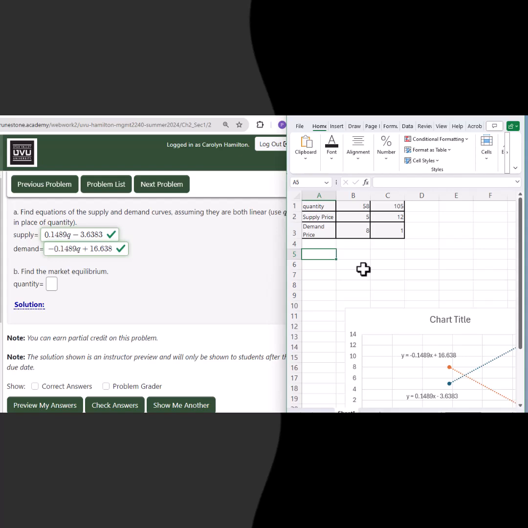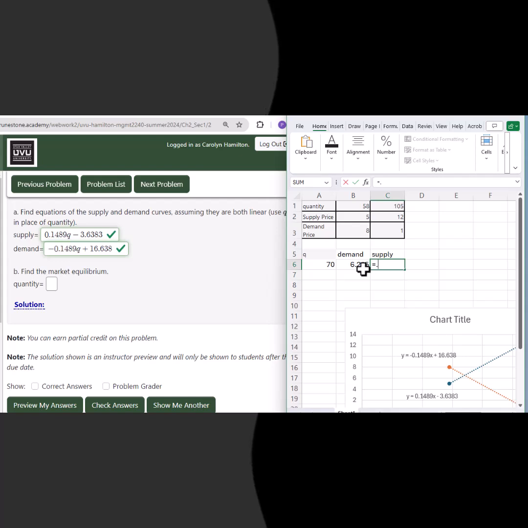So instead, now that I know what those functions are, I need to create equations for quantity, and let me put about 70. And then demand is, put in my demand function, negative 0.1489 times, get your quantity, plus 16.638.